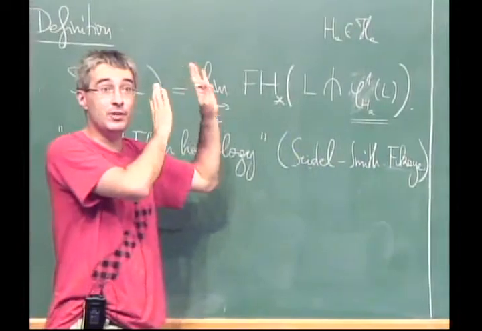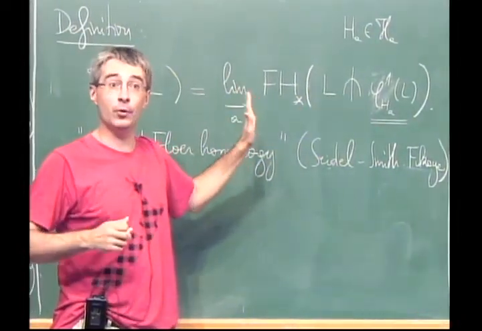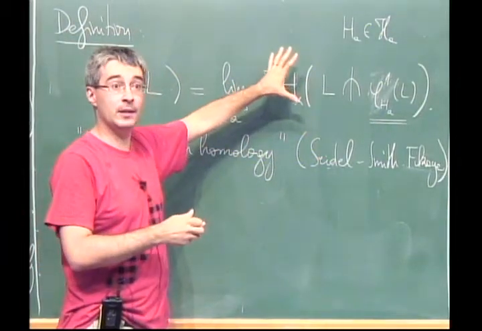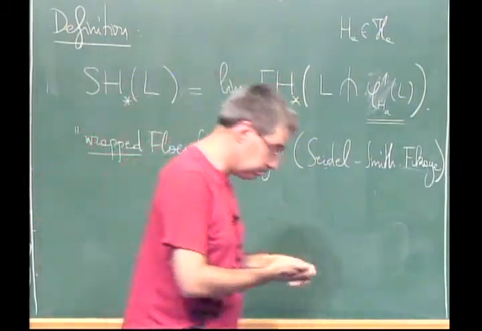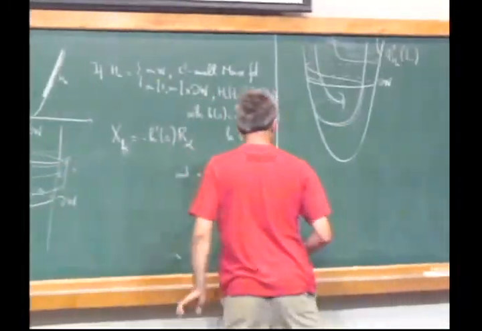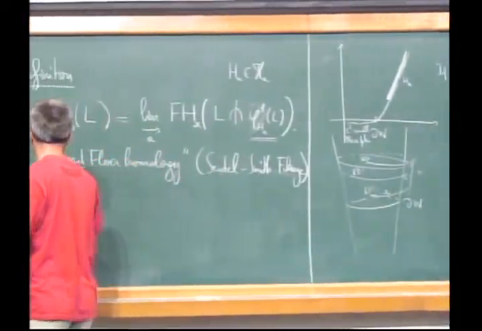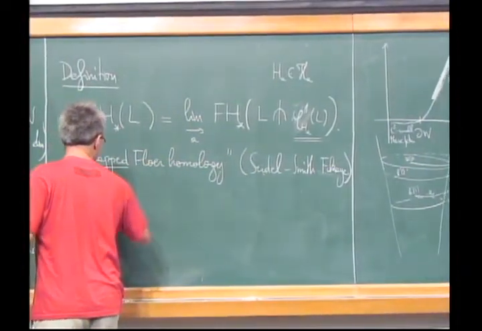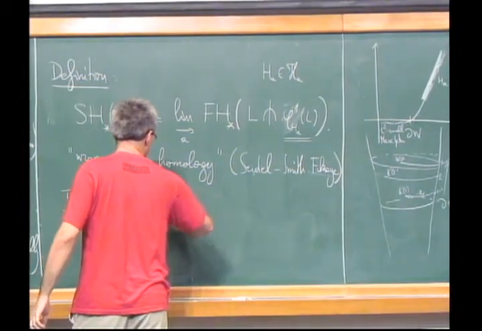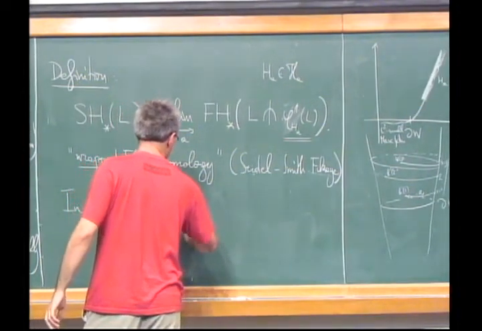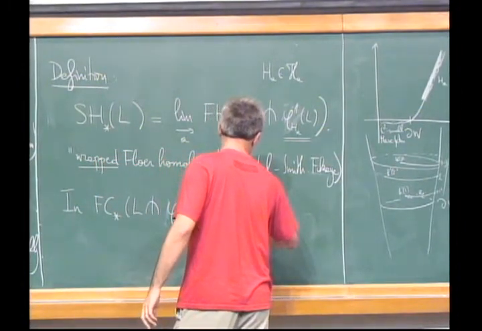It's a precisely analogous picture to what happens in symplectic homology with periodic orbits, but now I have incorporated Reeb chords. Good. So, the generators in the Floer complex of L and phi 1 HA of L: there are two types of generators.